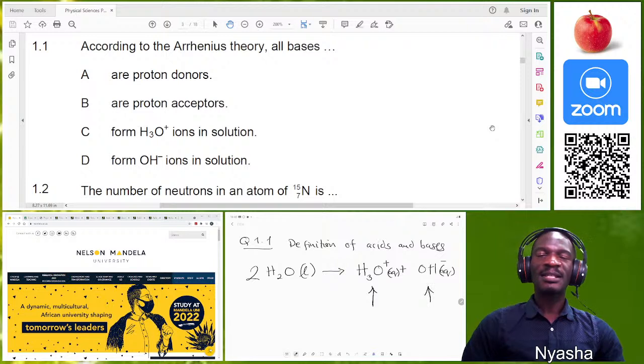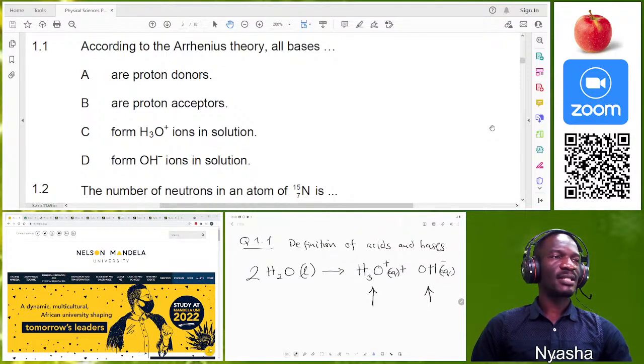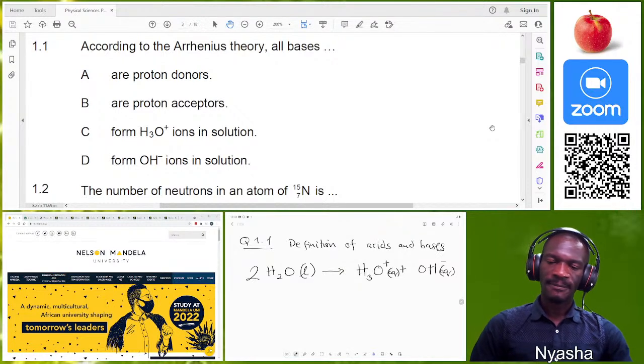Your bases will donate hydroxide ions in solution. So let's try to get an example. If you check in your textbooks, maybe you have seen an example like this.